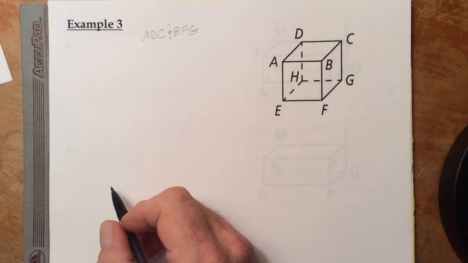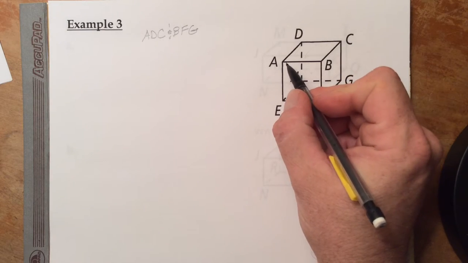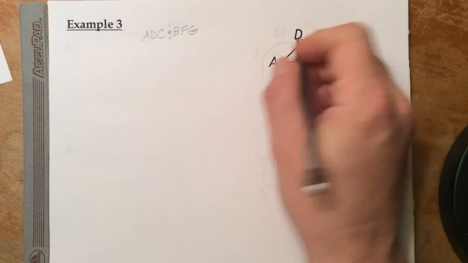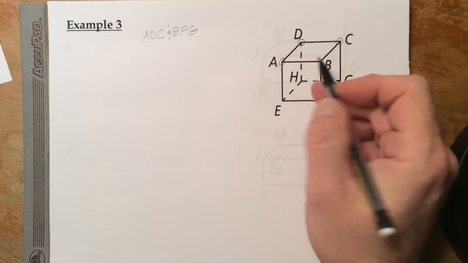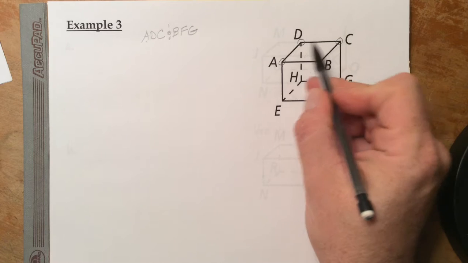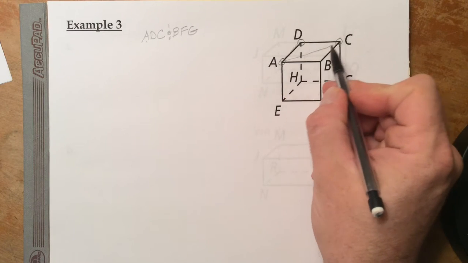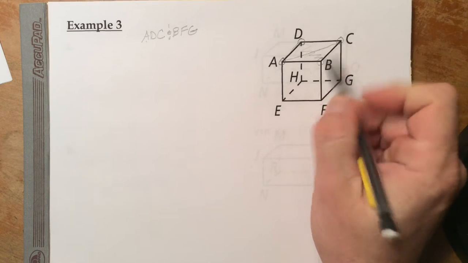When you get a problem like this, where there are two or more planes, what you want to do is take the first plane, take all the points on the plane named, and identify them some way on the picture. I'm going to use a circle on this first one. So point A, point D, so locate D and circle it, and point C. You'll notice that if you connect these three points into a triangle and continue it this way, it would also cover point B, right here.